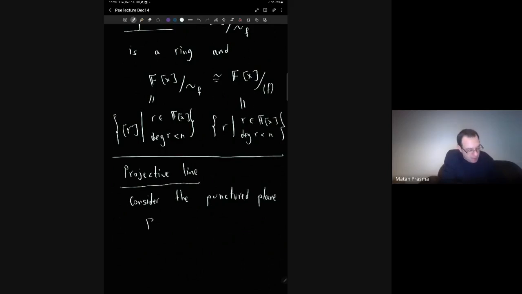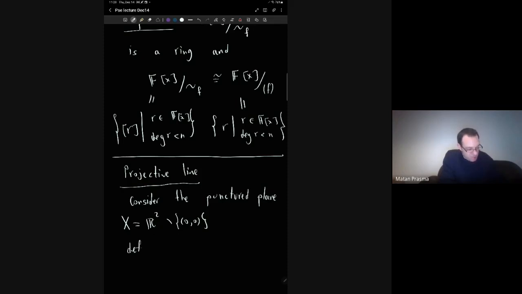I take the real numbers square, so the plane, and I remove the origin. This I call x.